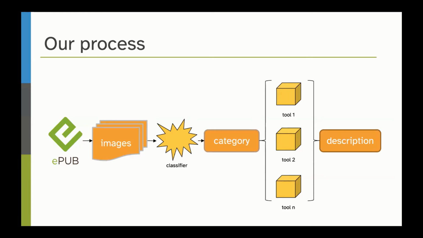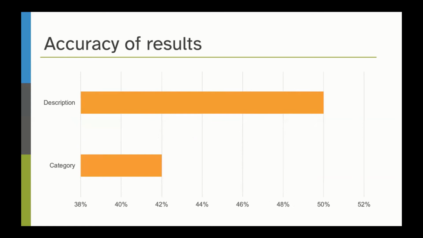So for images of text, we choose one tool, for photographs another, and so on, to end with the complete description, so the category and the description itself. The overall accuracy of the results was 42% on the classifier and 50% on description. So not really high, but also not really low. I mean, we can improve that.